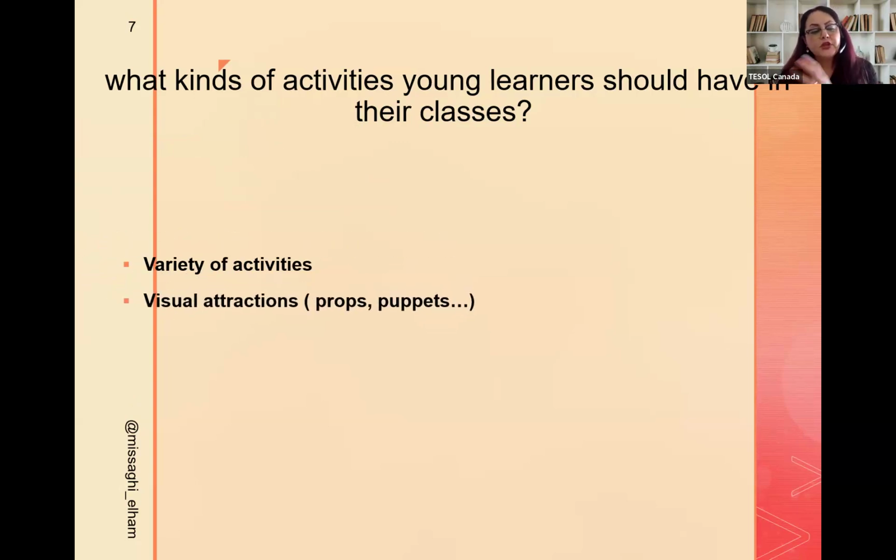In this case, you have your visual attraction, like puppets, a little froggy or a pink monkey. They are the characters that talk, and you can teach while you are teaching.